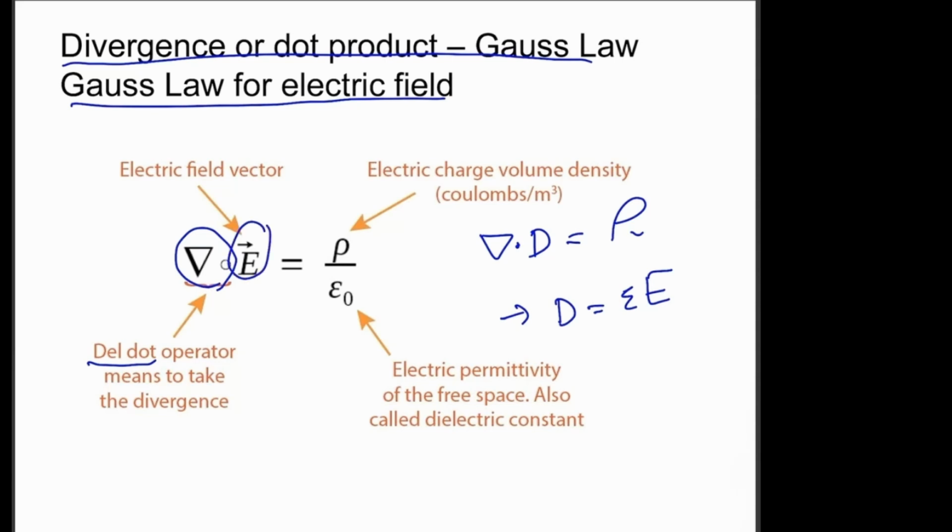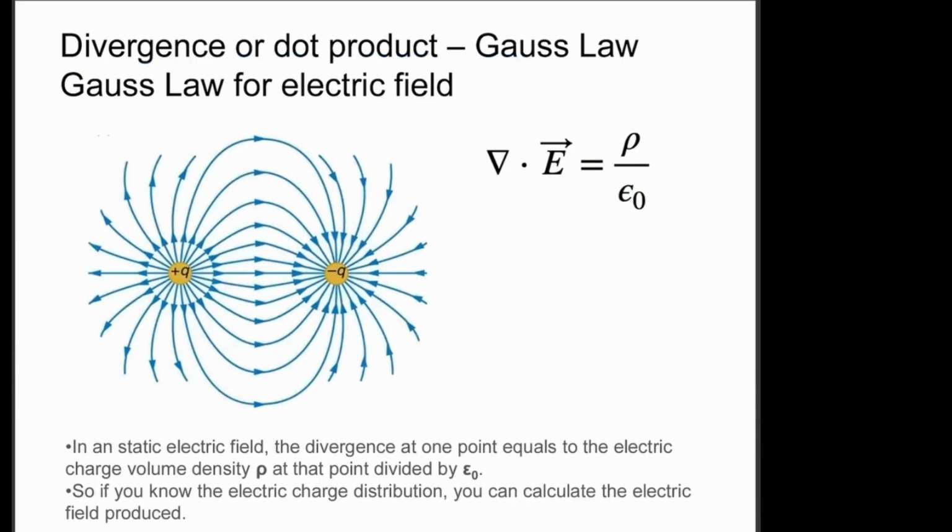When del dots a vector, the output is a scalar, so there is no direction, just a scalar unit. Rho is the electric charge volume density. Epsilon is the electric permittivity of free space, also called the dielectric constant. Okay, divergence or dot product, Gauss's law for electric fields.